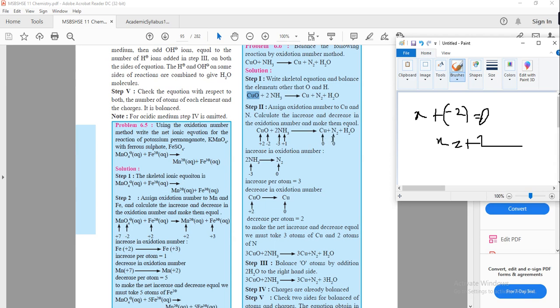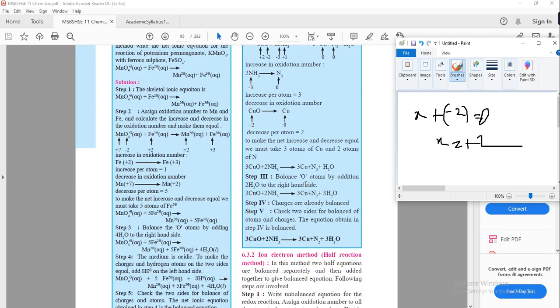The oxidation state increases for N, from -3 to 0, and decreases for Cu, from +2 to 0. So there is a decrease in oxidation number of 2 per atom, and an increase in oxidation number of 3 per atom. So we balance by multiplying the coefficients by 3 and 2.